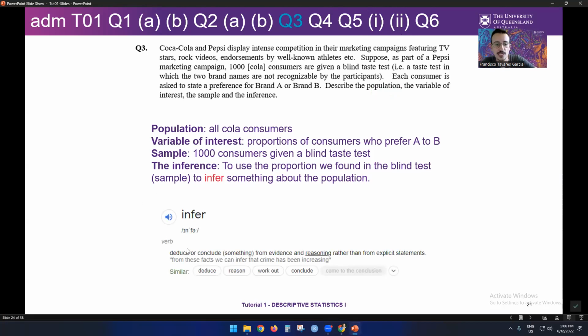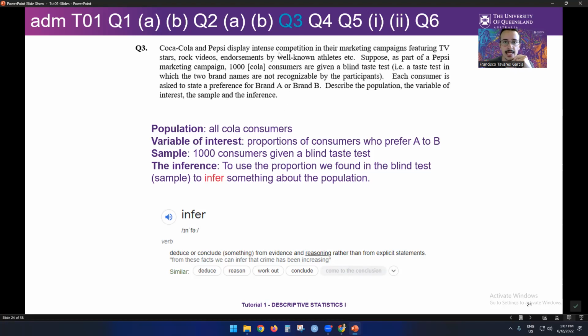And that's what I found: to deduce or conclude something from evidence and reasoning rather than from explicit statements. It's a little bit complicated here, but basically we're concluding something about the population using some reasoning. So we're concluding something about a parameter using our statistics, something about a population using what we found in a sample. And that's it for question 3.